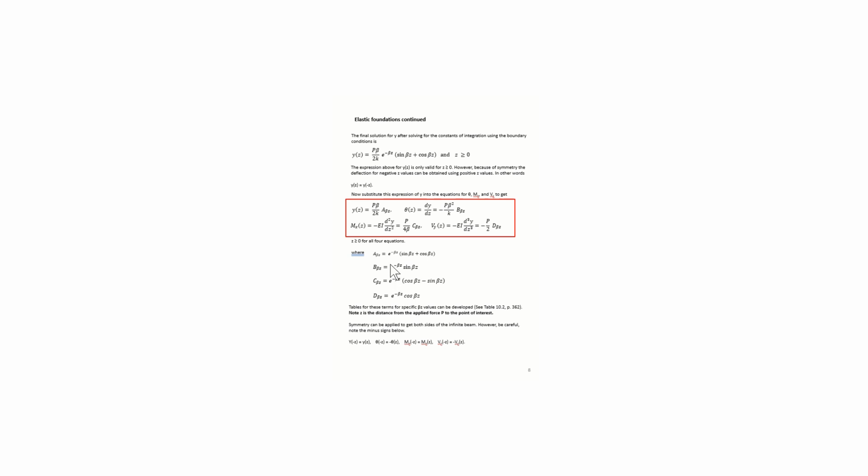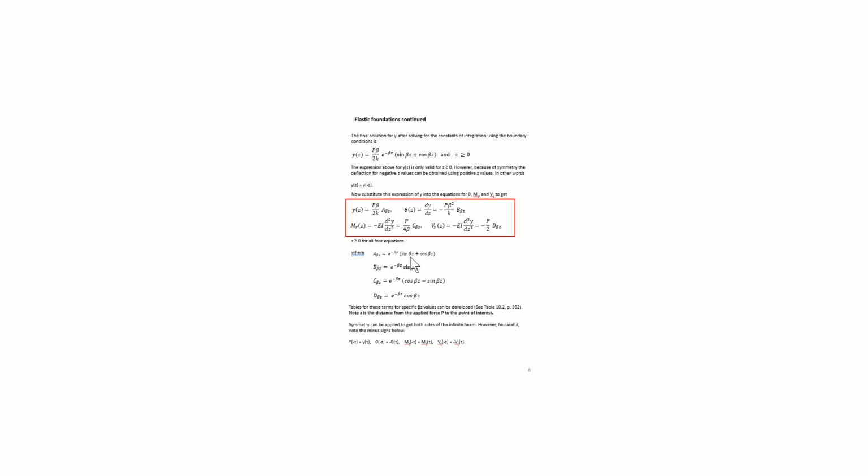So what we basically will do is, if I want to know the displacement, I will come down here and compute the A beta z. Then I would bring that up into this equation and apply the P beta over 2K to compute the actual number. The reason we've done that is because tables and plots for these terms can be made so that we don't have to always compute these values.